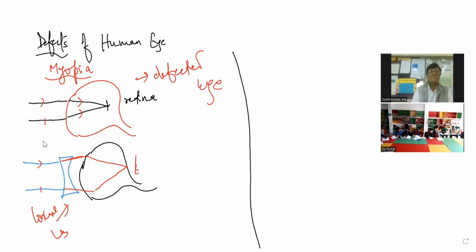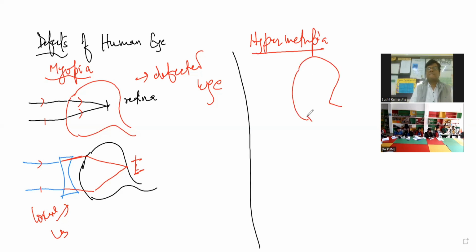Similarly, if you see hypermetropia, in this case the object is very close to the human eye, let's say O. Light is striking and reaching the eye, but the image falls behind the retina, and so the image of the object is not visible.